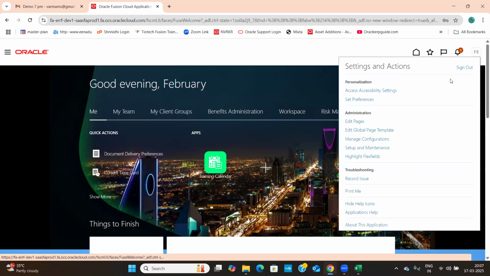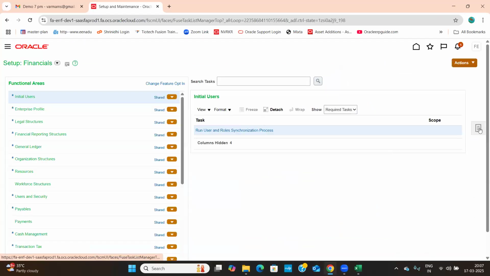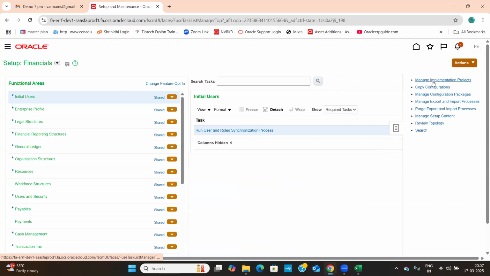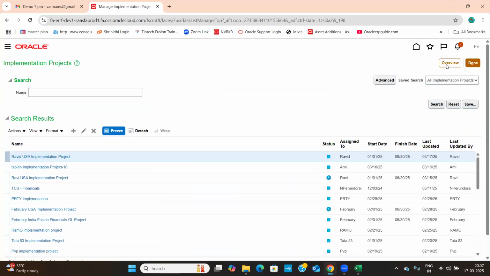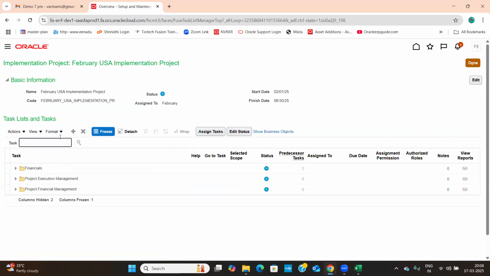Now we'll go to a screen where we have the common options, setup and maintenance. You will not understand it, don't get confused, but try to know where we set up certain things. It will pick automatically. Manage implementation project, overview. These navigations you will understand after joining the course. But here, manage common options.